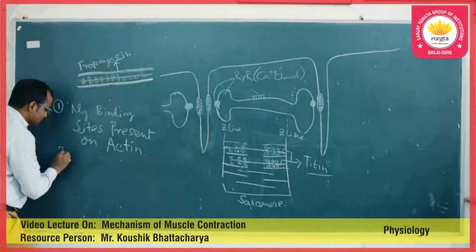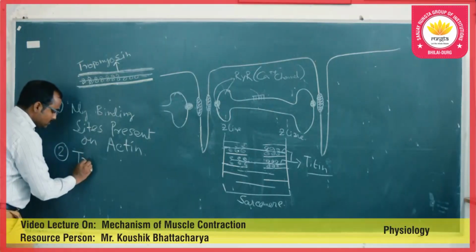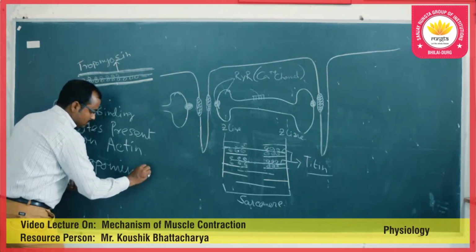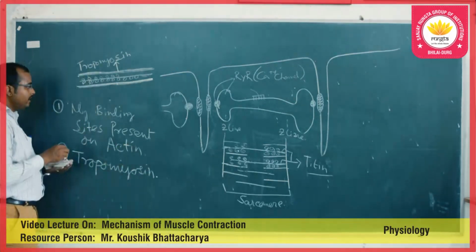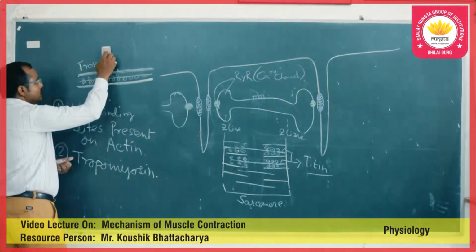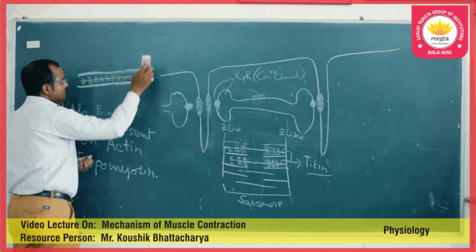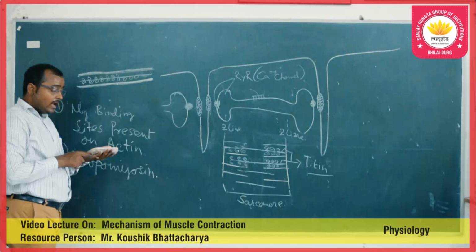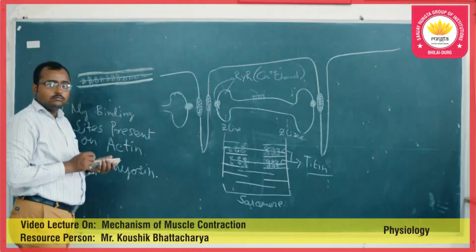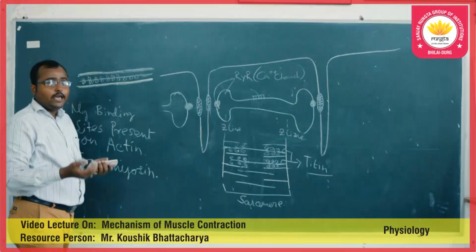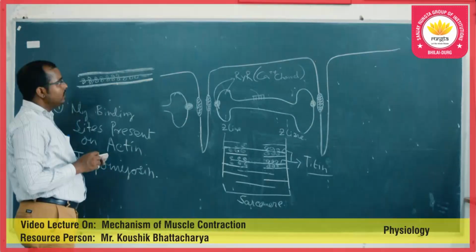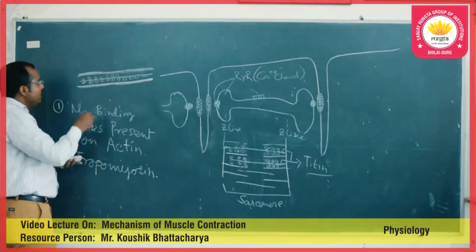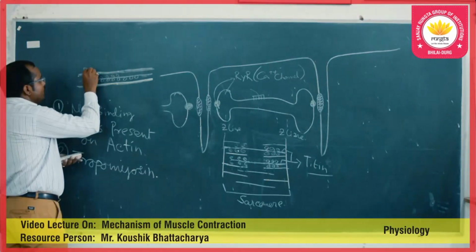So the second one is the tropomyosin. Right? On the third, there is another protein which will again help in the muscular contraction and which is present on the tropomyosin. The name of that protein is the troponin.